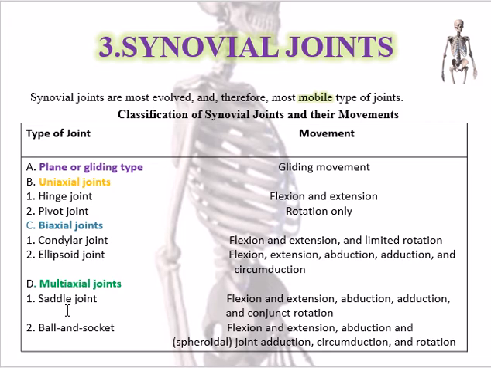D multi-axial joints include saddle joints: flexion, extension, abduction, adduction and conjunct rotation; and ball and socket joint: flexion, extension, abduction, adduction, circumduction and rotation.